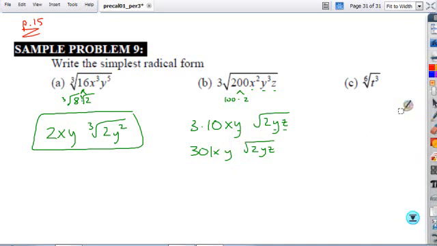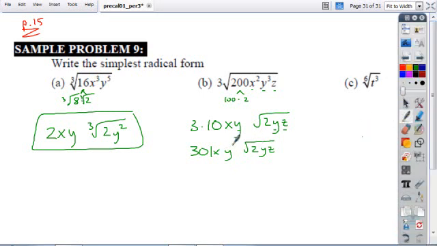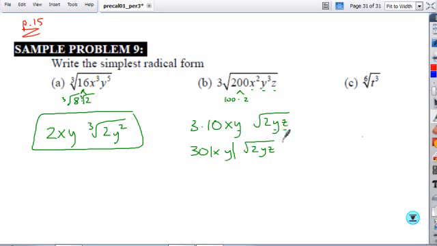Okay, so the absolute value doesn't just go here. The absolute value has to go around the y as well. And so we get our solution to look like this. The product xy has to have absolute values around it.